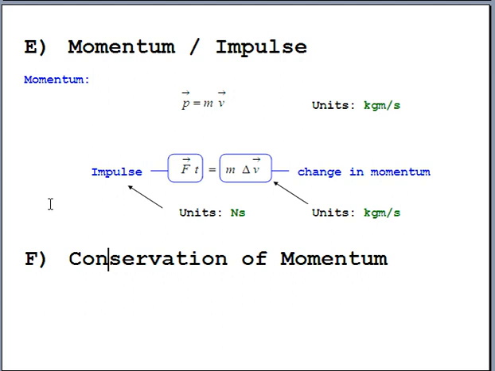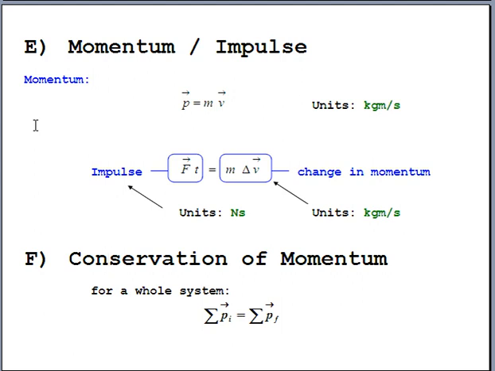Conservation of momentum. I know it kind of seems like there's a whole bunch of theory just being thrown at you on this page. Well, the neat thing is, by the time you get to the bottom of this page, that's all the theory there is for the rest of the chapter. Conservation of momentum says this: for a whole system, if you include everything, what we sometimes call a closed system, if you add up all of the momentums initially, you're going to get the exact same total when you add up all the momentums finally.